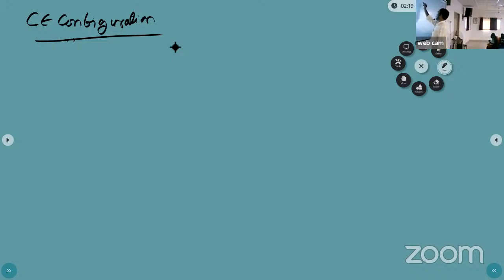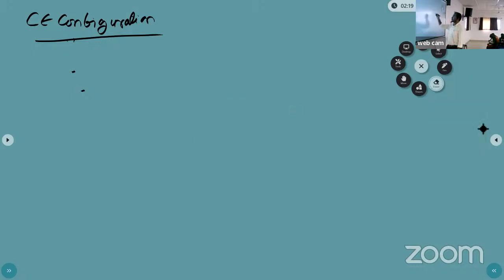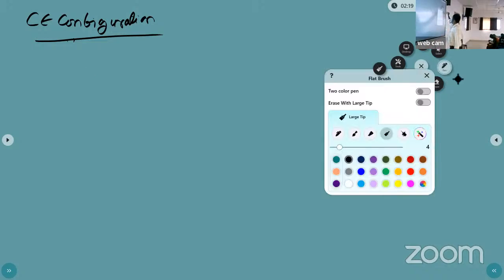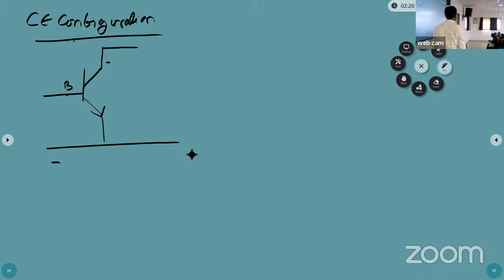First, you keep the transistor in common emitter mode.